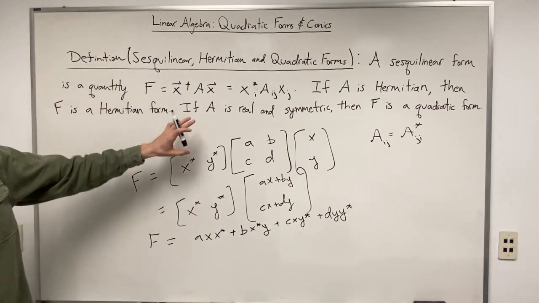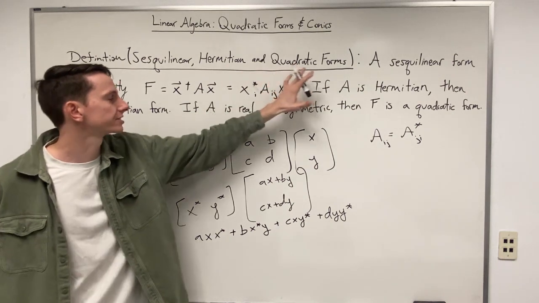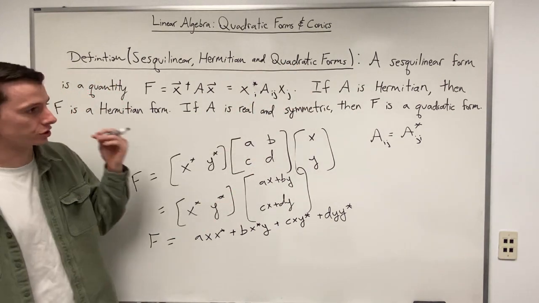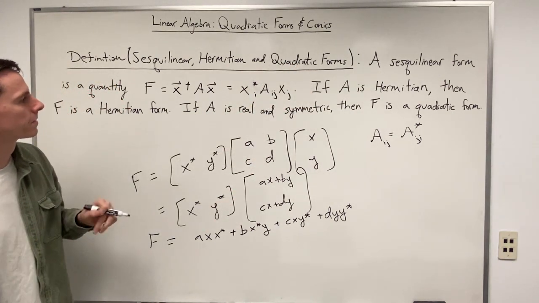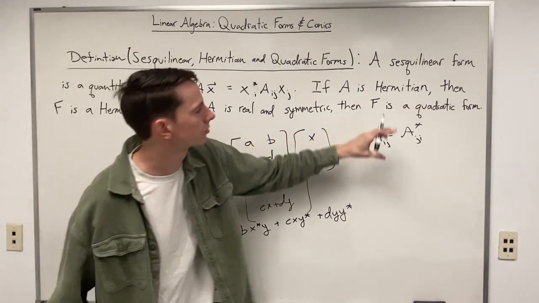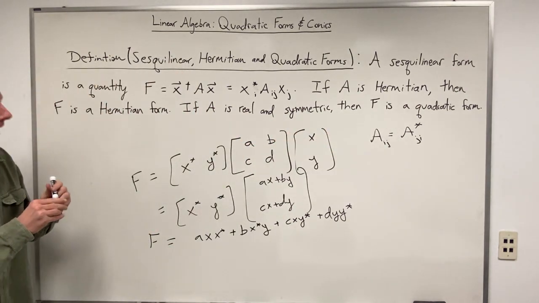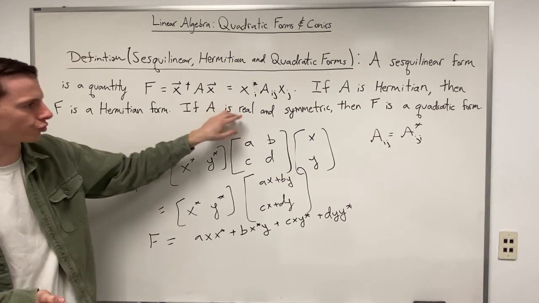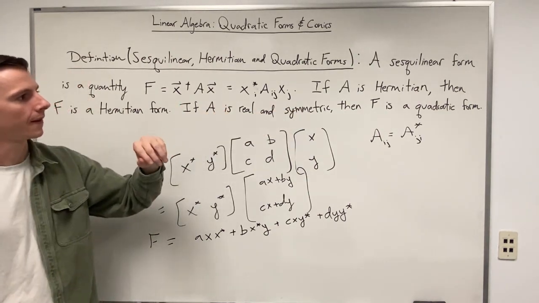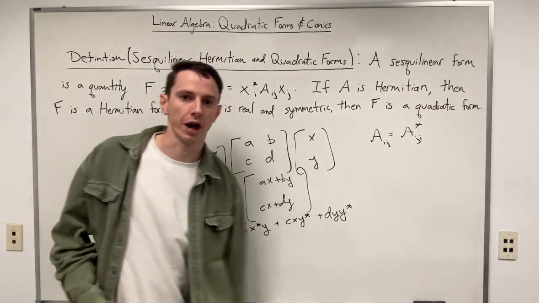And then finally, we're going to get to the last part of this definition, which is a quadratic form. And that is this sentence right here, where it says that now if the matrix A is real and symmetric, then F is a quadratic form.